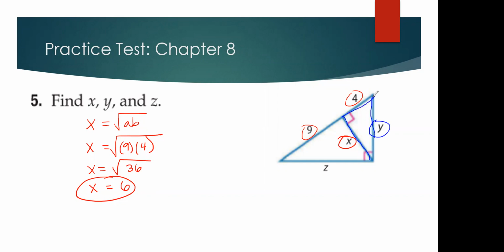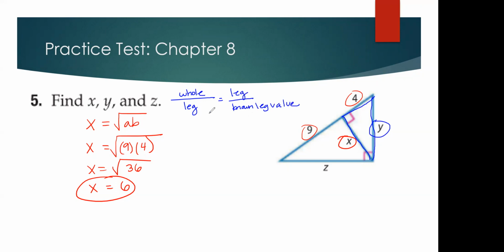The geometric mean leg theorem says we can take the length of the whole hypotenuse, and the length of the leg that we're missing, and that would be equal to the leg that we're missing over the leg that you do know the value of. So we'll put known leg value.